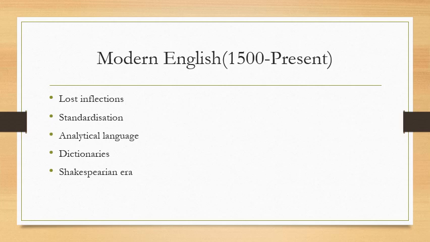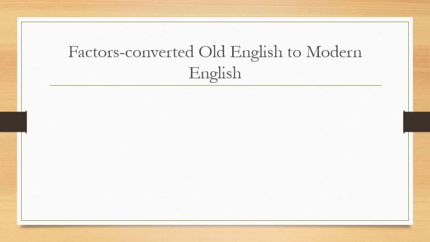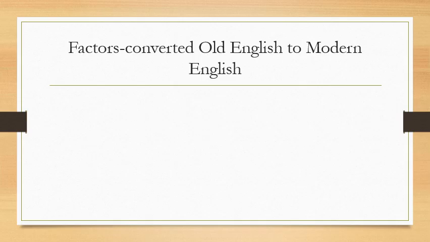He had something in Middle English as well, I mean, some of the prose and some of the poetry, but mostly it is modern English. Now, if I ask you, what are the factors that changed Old English into modern English? What were the factors? So you have to understand that firstly, the foremost thing is the Renaissance.